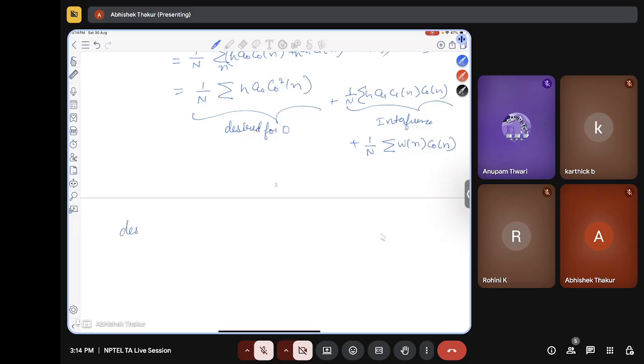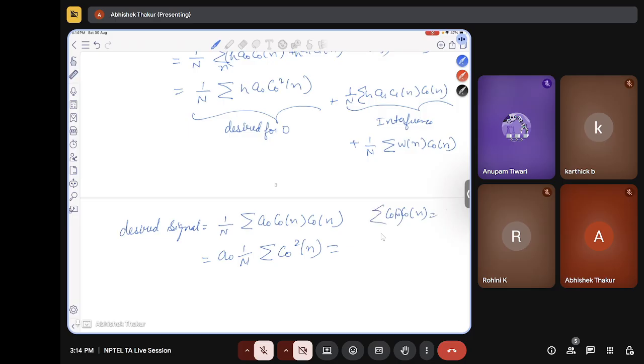Now let's take the desired component: 1 by N A0 C0[n] C0[n], which we can write as A0 times 1 by N summation of C0 squared [n]. In the last lecture we saw the properties of this code: the summation is 1 if the shift I is equal to 0, and 0 if I is not equal to 0.